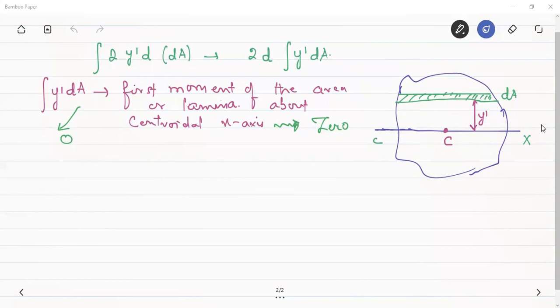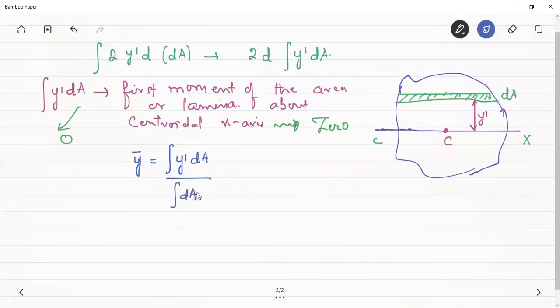So what will be the general formula? They will start by taking an element at a distance of, suppose, y dash from the centroidal x-axis. Then the y coordinate of the centroid about the centroidal x-axis, they will write the formula that it is equal to the integral of y dash dA divided by the integral of dA.